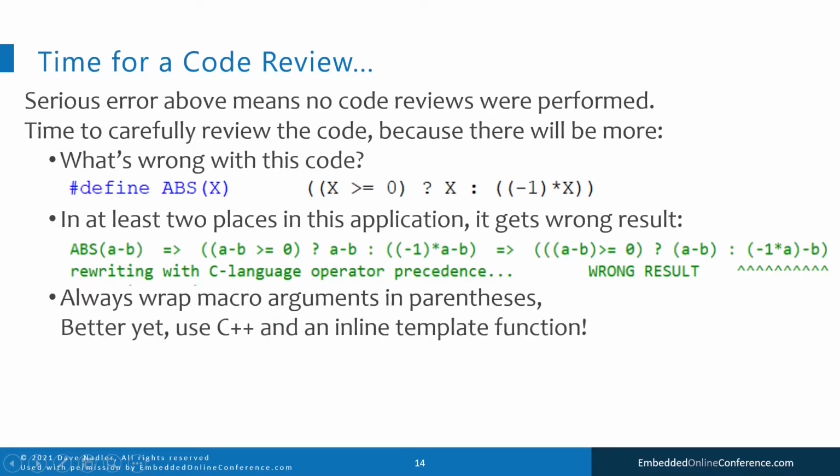In this application, that actually led to a miscompare. The application orders the target aircraft by distance, and it was ordering them incorrectly because of this problem. So you need to always wrap your macro arguments in parentheses, but even better, use a C++ inline template function so that you can't have this kind of mistake.